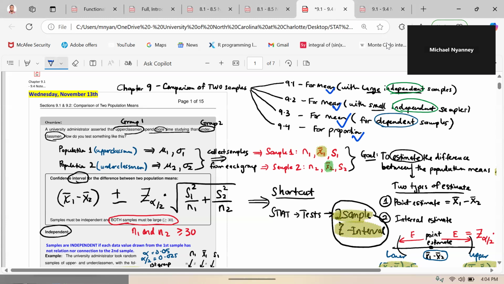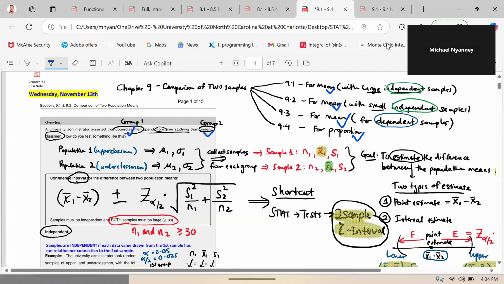All right. So let's consider an example to get a fair idea of what we mean by comparison of two samples. Here we have a university administrator who asserted that the upperclassmen spend more time studying than underclassmen. So you can see that there is some kind of comparison, and this comparison is between the upperclassmen and the underclassmen.